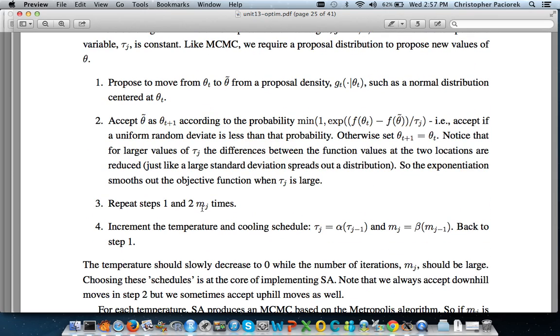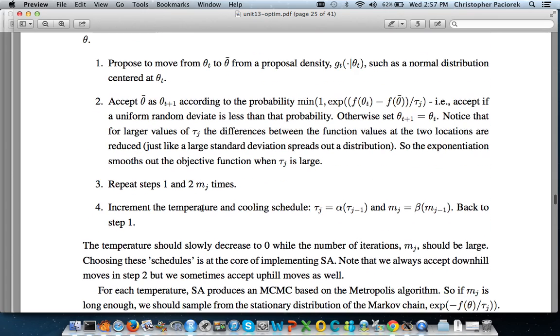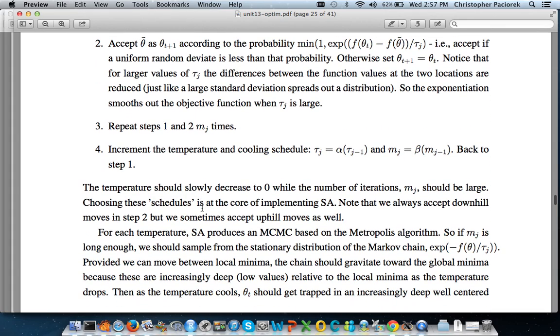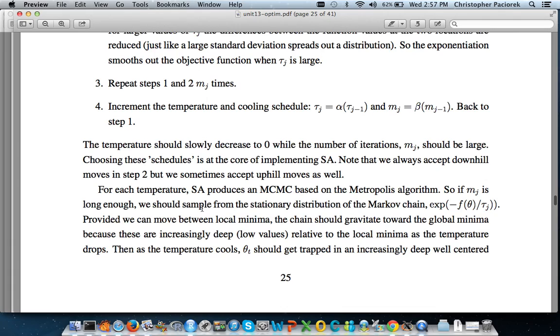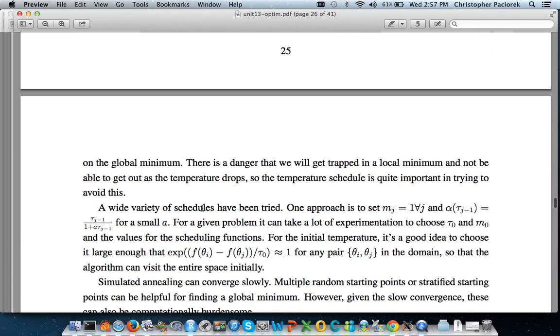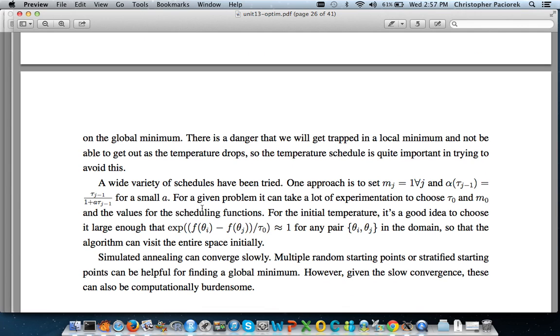So this says a little bit more in detail about what the algorithm looks like, but not in a huge amount of detail. And simulated annealing is implemented in the optim function in R, although I don't think I'm going to talk about it in any more detail. If you're looking into simulated annealing and you read about it, you'll hear about the cooling schedule, and the cooling schedule is basically how fast do I transition from this very flattened version of the objective function to the actual objective function.